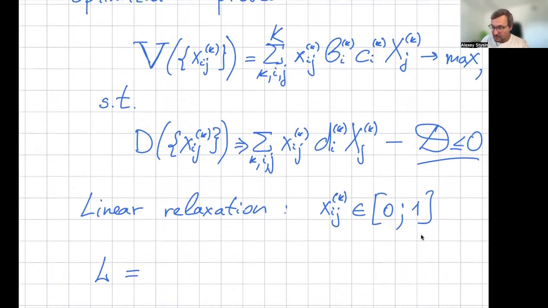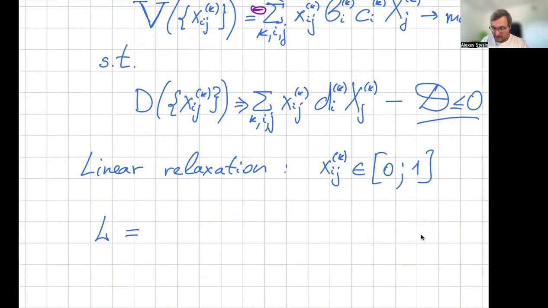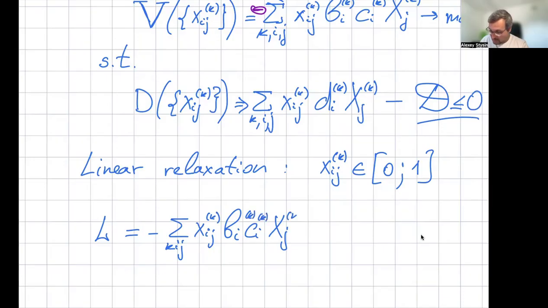And then since for the Lagrangian formulation we want to minimize, we will also use the minus sign here. So we have minus the sum over k, i, j, x_ij b_i c_i x_j, all of them with the k index here. k is the number of the auction.